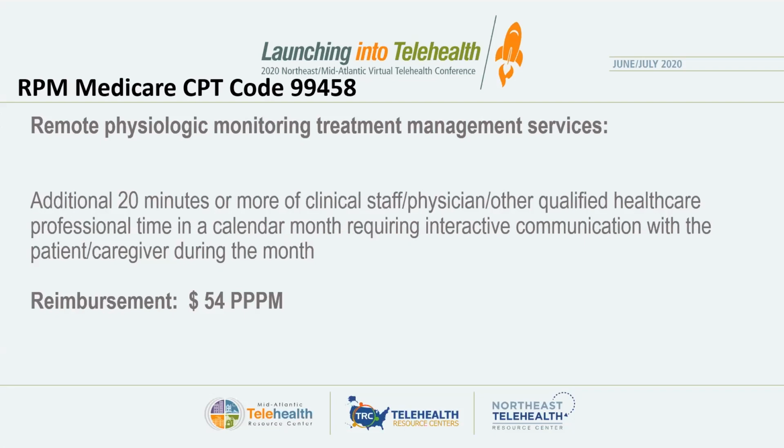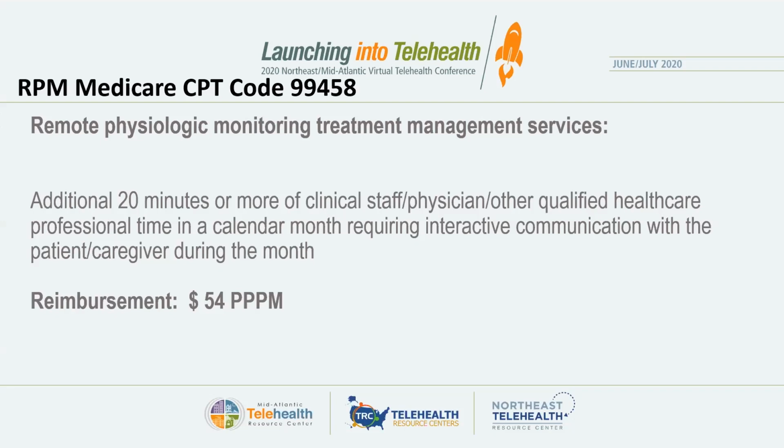And this year they added CPT code 99458. And that's 20 additional minutes of the nurse's time. So if I reach 20 minutes of time with the patient, the provider can bill $54 that month. If I reach 40 minutes, they can then bill the additional 20 minutes under 99458.